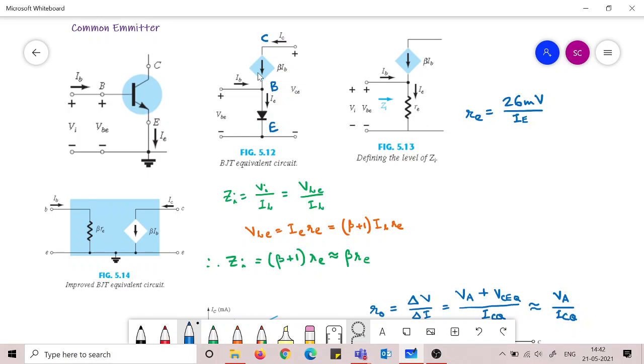It multiplies the base current by beta times. Okay. So what we have done, we have replaced this transistor with a diode and a current source, like this. With the base point in between the current source and the diode, the base point is taken out, and the IB is flowing here, IC is flowing here, IE is flowing here.